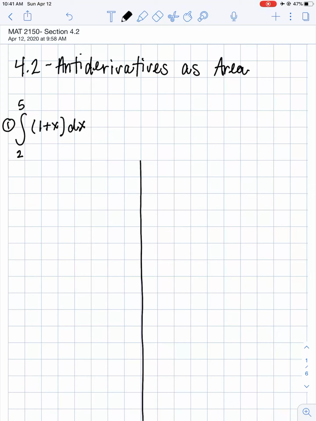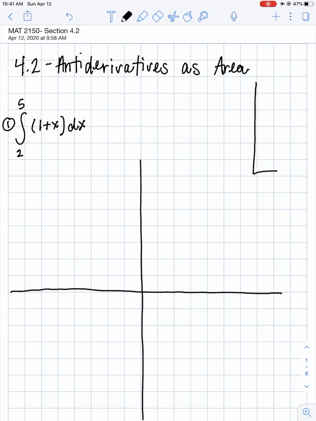If we're going to use geometry, we're going to graph this function. So I'm going to draw you a coordinate plane right here. If f of x equals 1 plus x, because that's what we're integrating, that is a linear function.